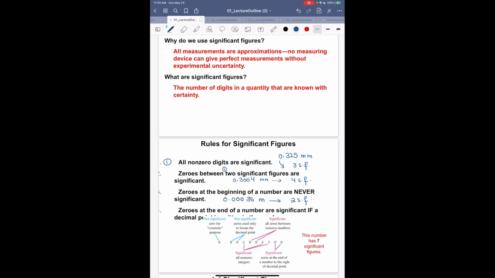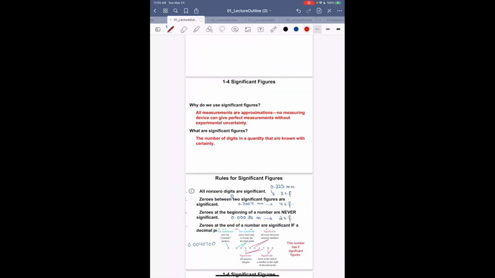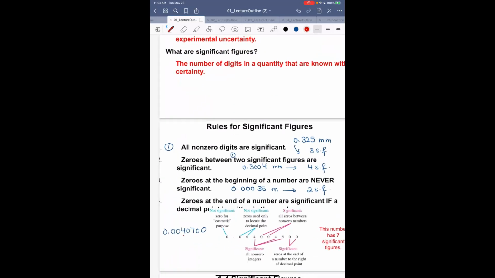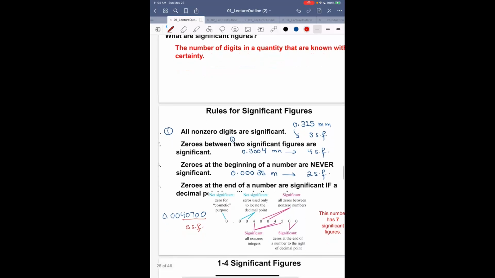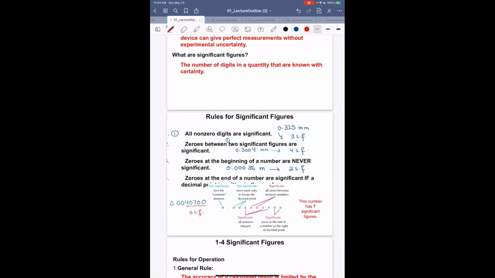Now the zeros at the end of the number, or to the right, they are really significant. Okay, then if you have a number 0.0040700, all these are significant, so it's going to be 5 sig figs, because the zeros at the right are really significant.